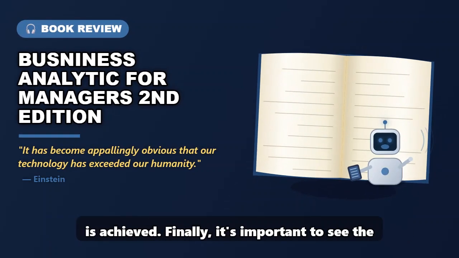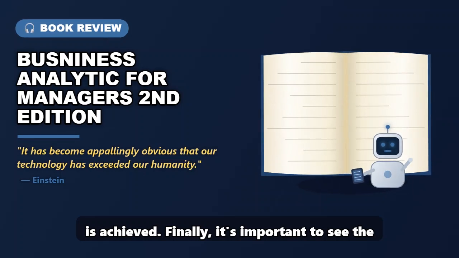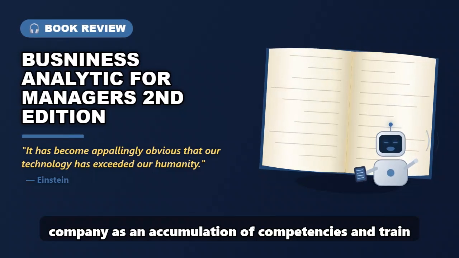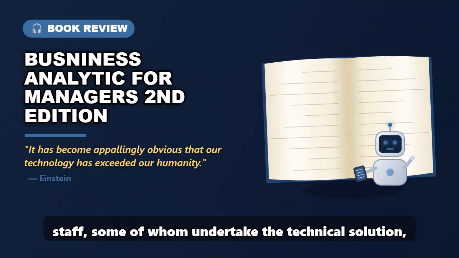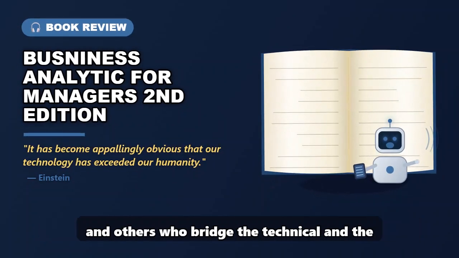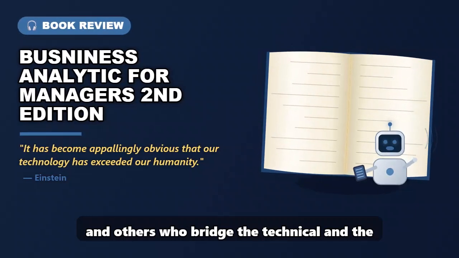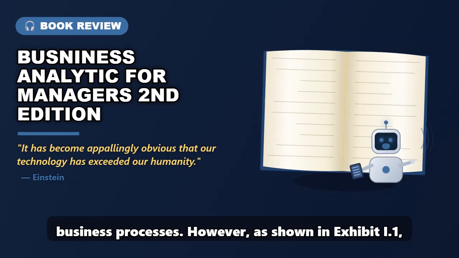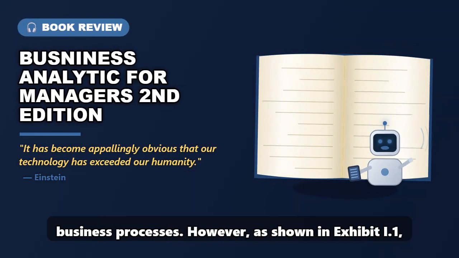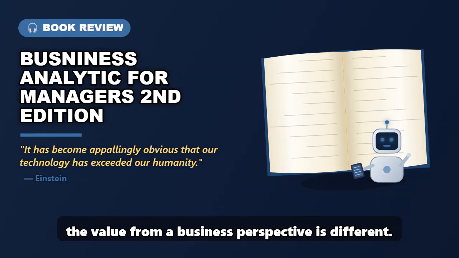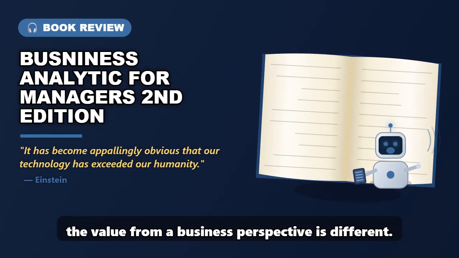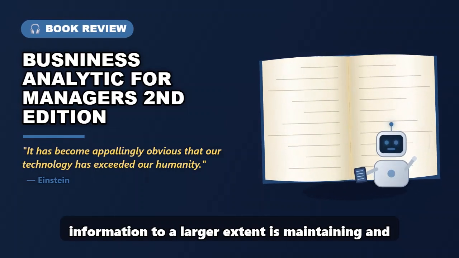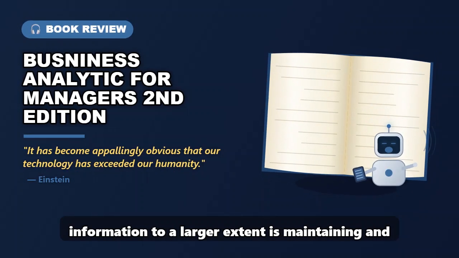Finally, it's important to see the company as an accumulation of competencies and trained staff, some of whom undertake the technical solution, and others who bridge the technical and the business-driven side of the organization focusing on business processes. However, as shown in Exhibit I.1, the value from a business perspective is different. We can compete on lead information, where lag information to a larger extent is maintaining and optimizing already existing processes.